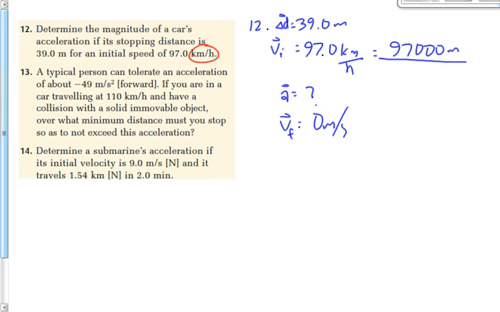In between, not 360, not 36,000, but 3,600, good. Now, if you forget that, that's okay. Just multiply 60 by 60, right? 60 seconds in a minute, 60 minutes in an hour, 60 times 60 is 3,600. I don't have this one memorized. What does that one work out to be? 26.94 meters per second. All right.